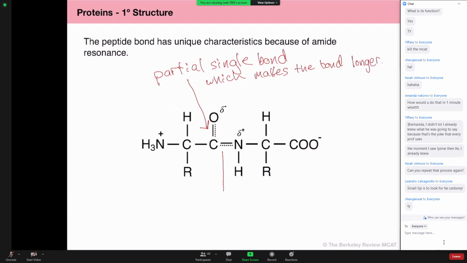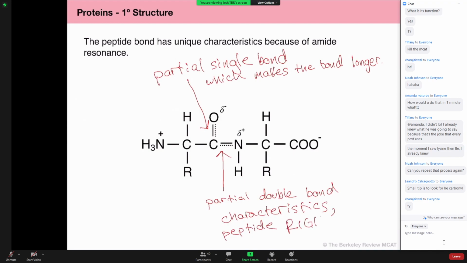You're going to get these partial double bond characteristics, right? And what's this going to do? This is going to make the peptide bond rigid and planar. Okay.